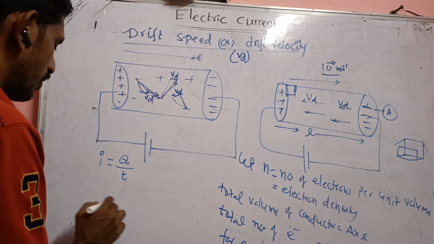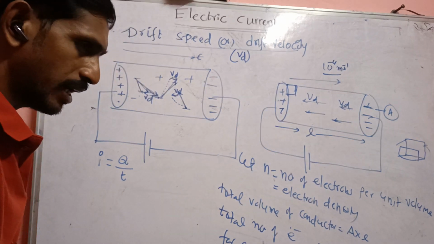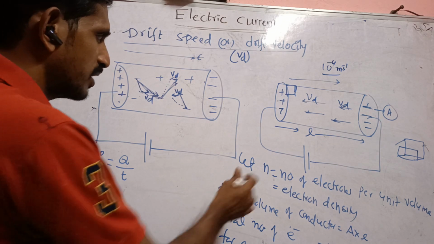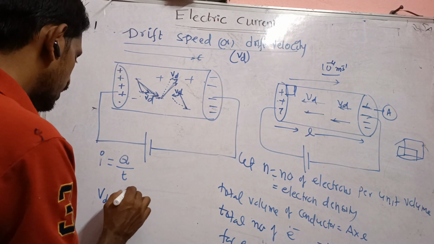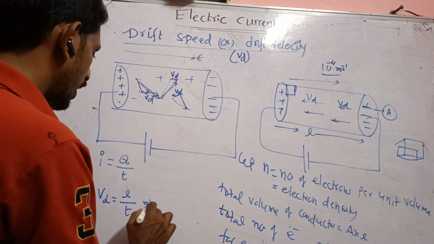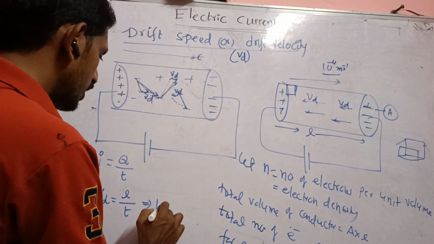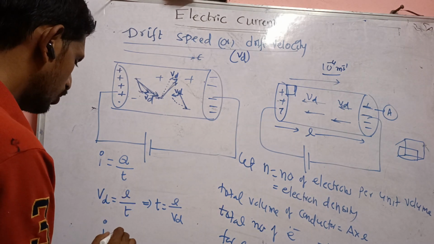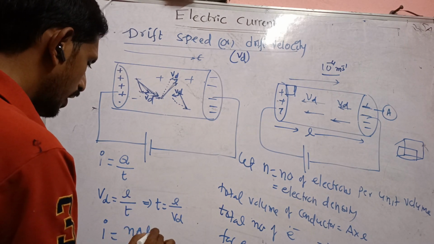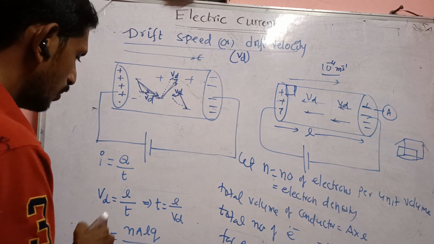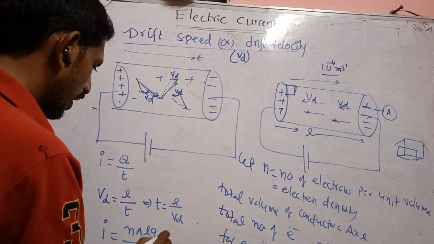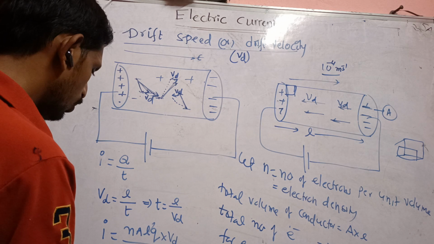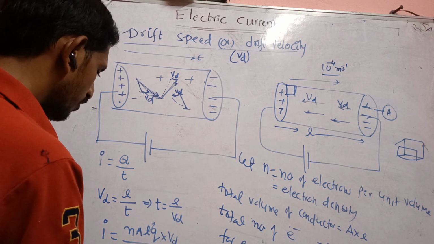According to kinematics, drift speed is equal to distance covered by time. The distance covered by each electron is L, and the time is T. So T is equal to L by v_d. Substituting, I is equal to n A L q by L by v_d, so L gets cancelled. I is equal to n into A into q into v_d.